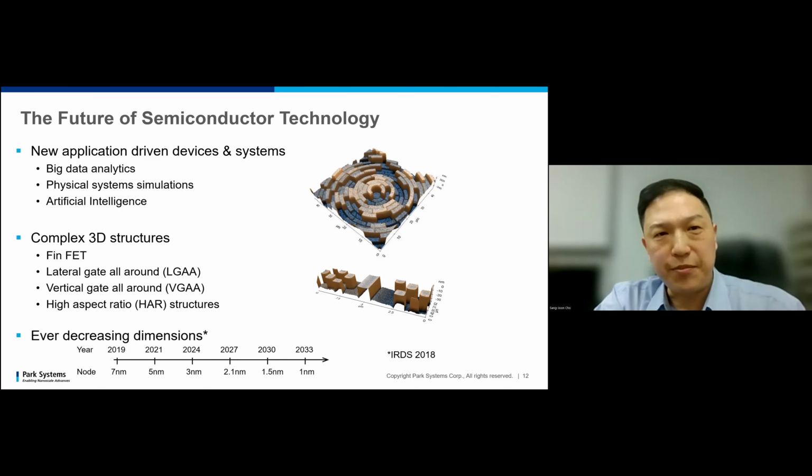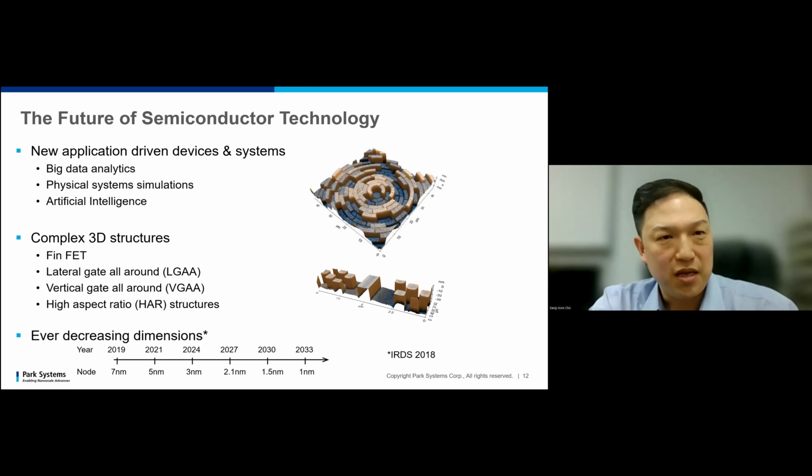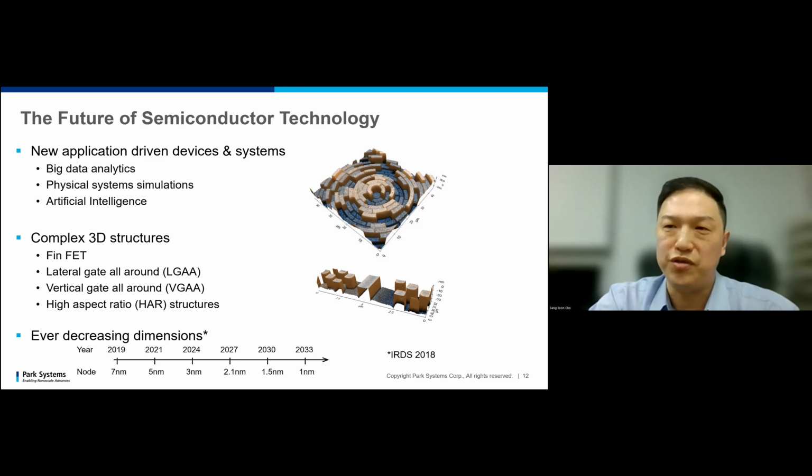The future of semiconductor technology is driven by new application-driven devices and systems, such as big data analytics, physical systems simulation, and artificial intelligence. To achieve such functions, complex 3D structures need to be fabricated using new materials and processes with ever-decreasing dimensions.